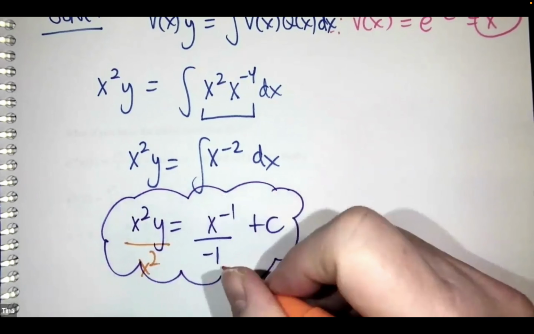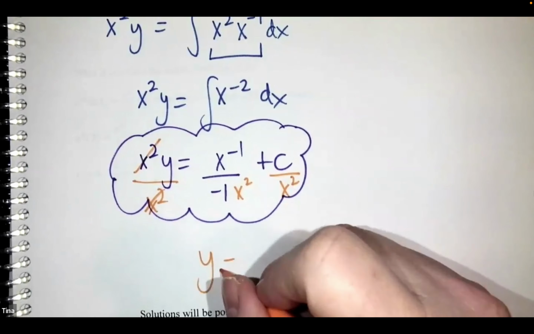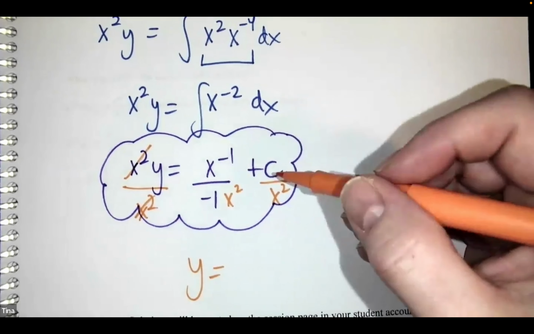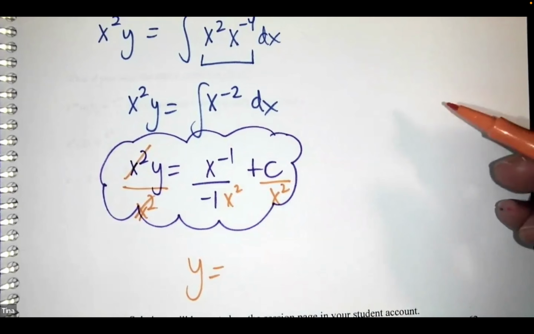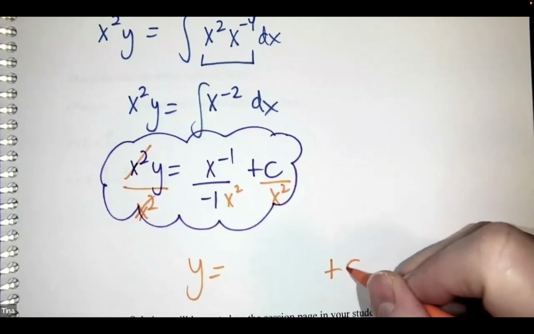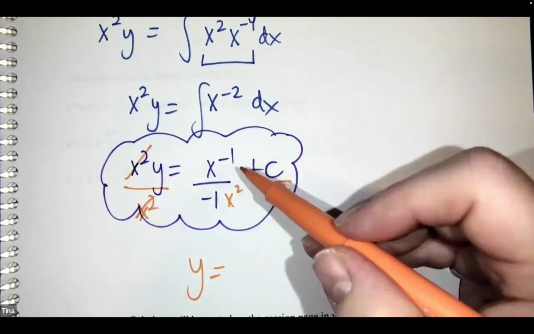If I put all of these over x squared to get my y, this is c over x squared. That's not a constant, because it's not a constant divided by a constant, so be careful. This is a constant times x to the negative 2, if I bring it up. And the x is a variable, so make sure that's in your answer.